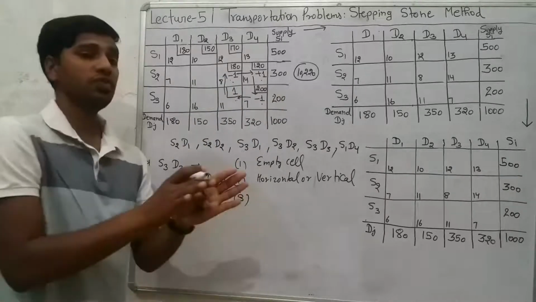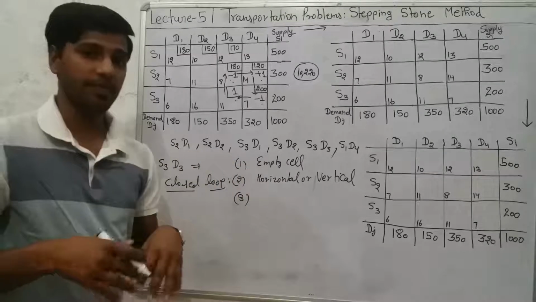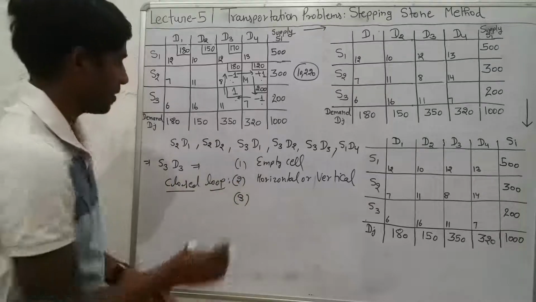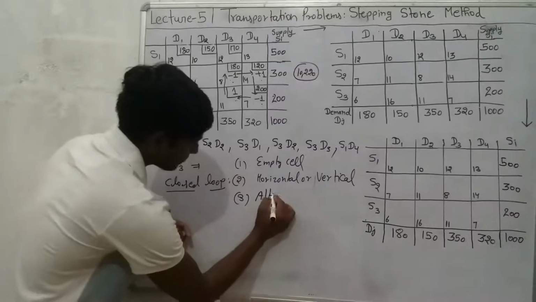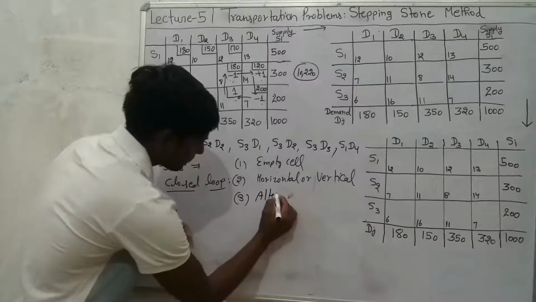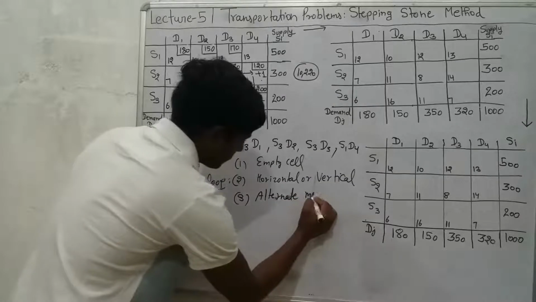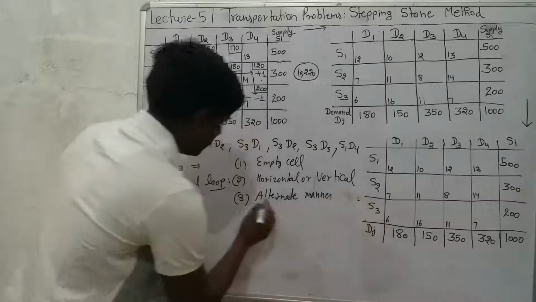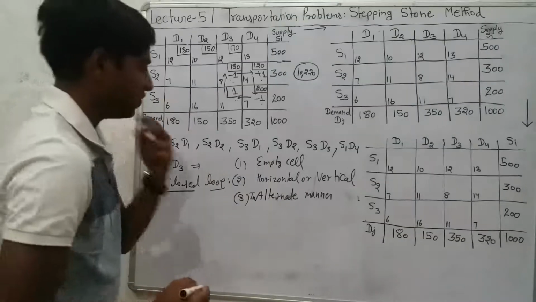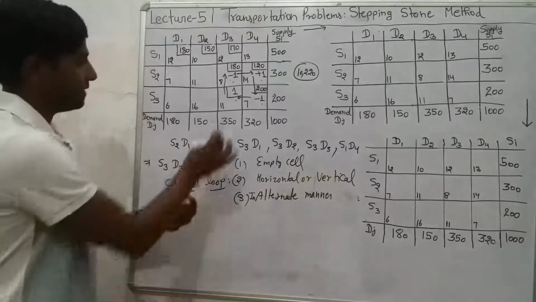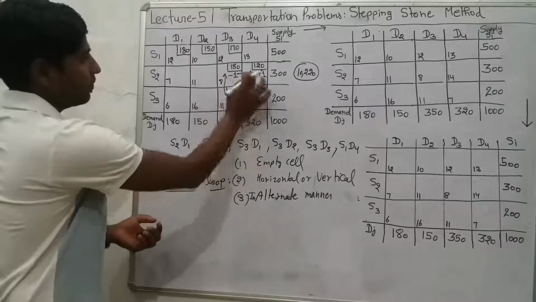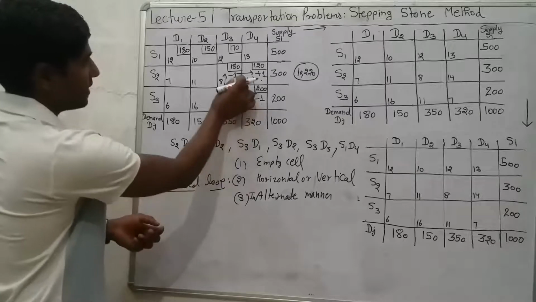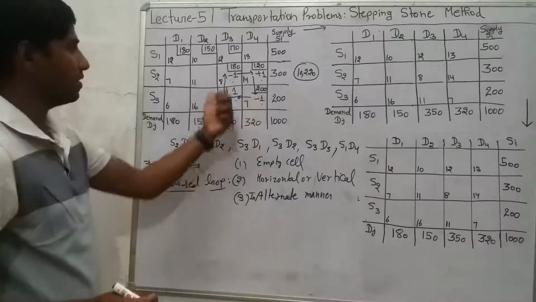It means you have to move horizontally and vertically in an alternate manner. So in this particular loop, we started from the empty cell, that is S3 D3, and we shifted to the next row, the upward row, vertically.